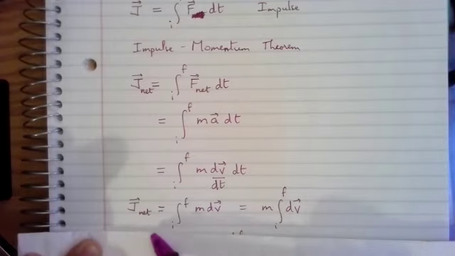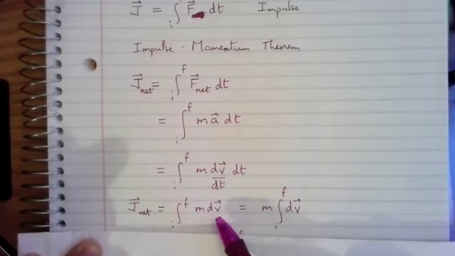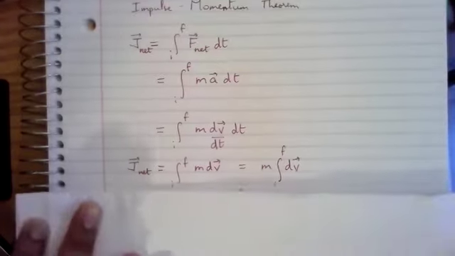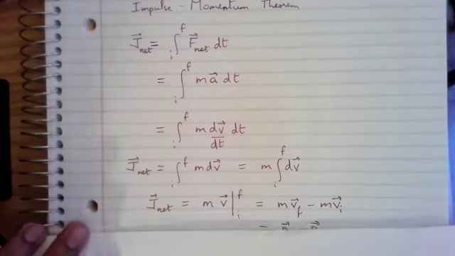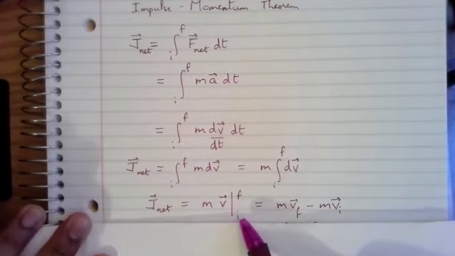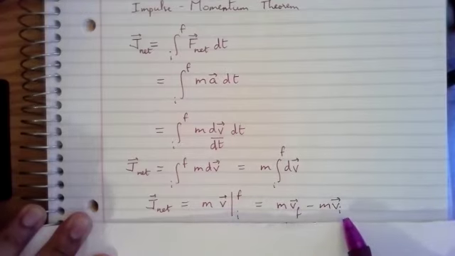So we have the net impulse is the integral from initial to final of m dv. m is a constant, so we pull it out. So we have m times the integral from initial to final of dv. That's a simple enough integral, and so we arrive at the result. The net impulse is simply m times v evaluated at final and initial. So it's mv final minus mv initial.